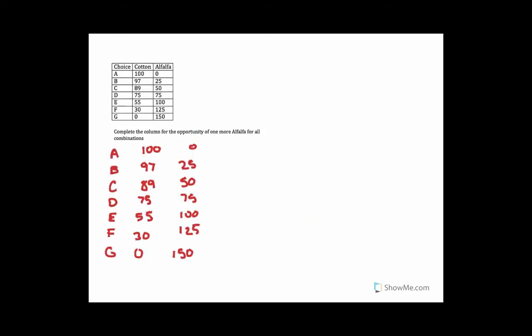So for this problem, we're going to complete the column for opportunity cost of 1 more alfalfa for all the combinations. So for this, what we can do is do number lost over the number gained. And in this case, it'd be the number of alfalfa gained. So if we look at the column, which I've drawn again on the bottom, for column A, there's nothing to compare to, so there wouldn't be a ratio for that one.